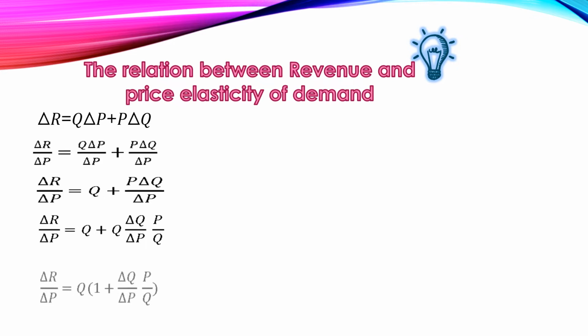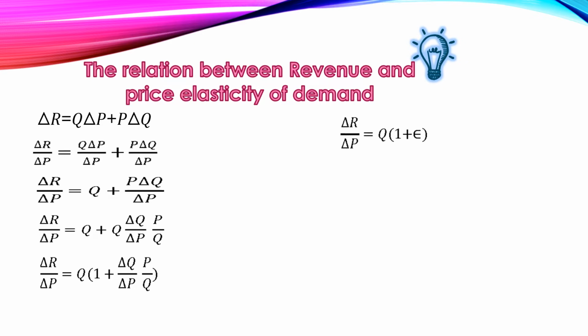So change in revenue over change in price equals quantity multiplied by 1 plus change in quantity over change in price multiplied by price over quantity. Change in quantity over change in price multiplied by price over quantity, this is the elasticity. So change in revenue over change in price equals quantity multiplied by 1 plus elasticity.